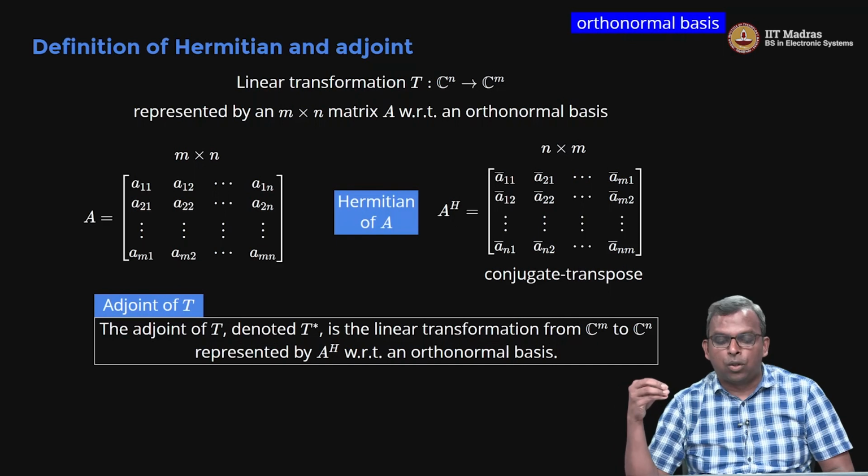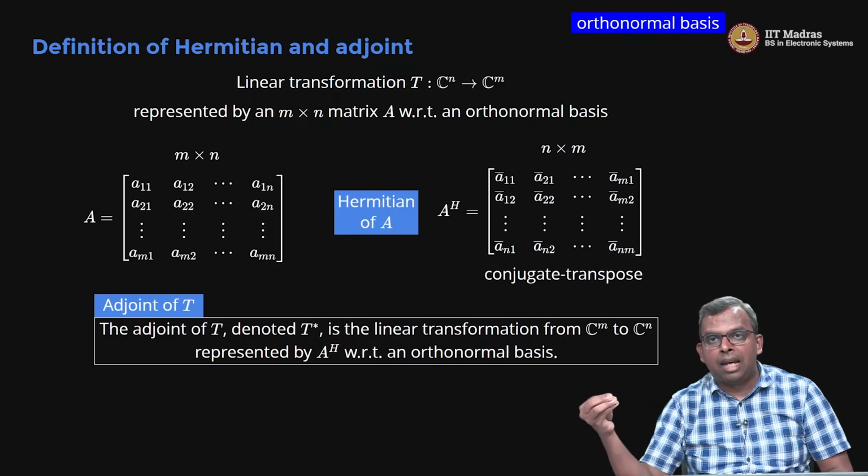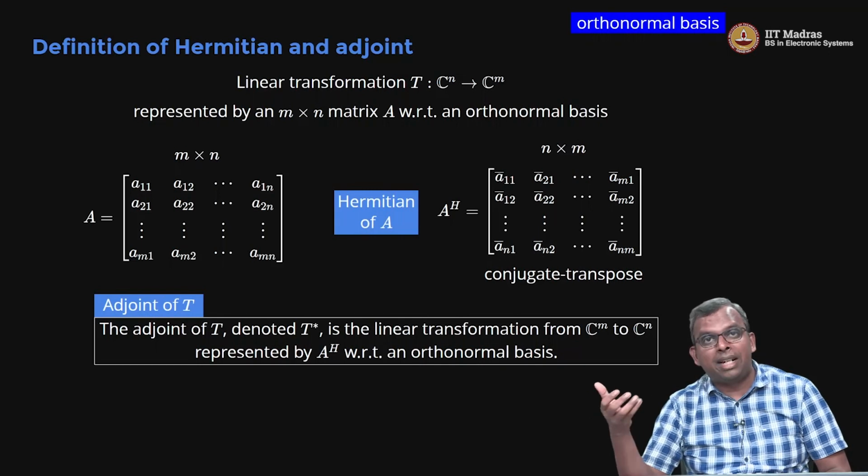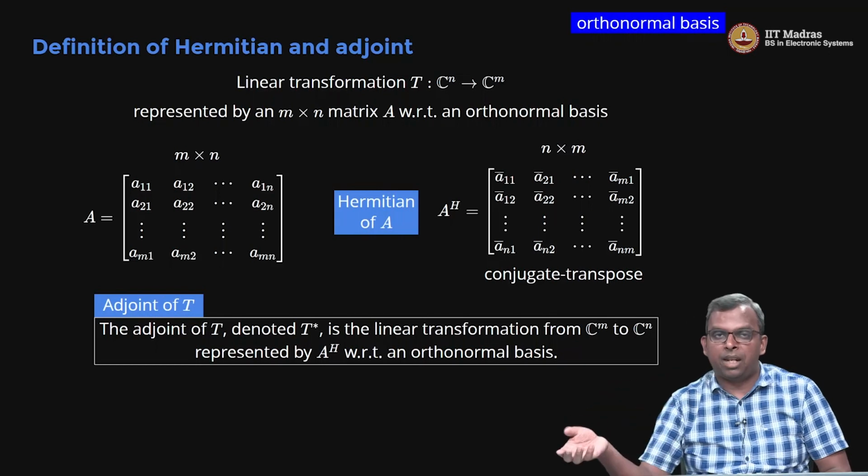So from the matrix A, we go to the matrix A Hermitian, and then we define the operator itself through this A Hermitian. We say the operator that is represented by A Hermitian is the adjoint of the operator T.